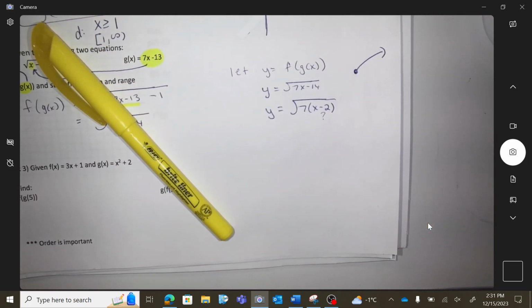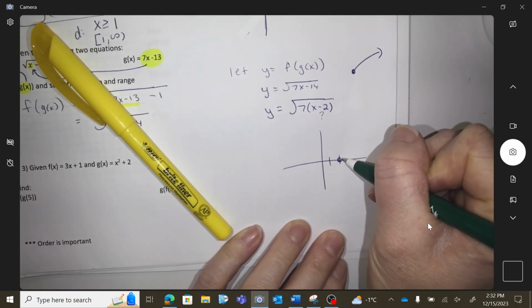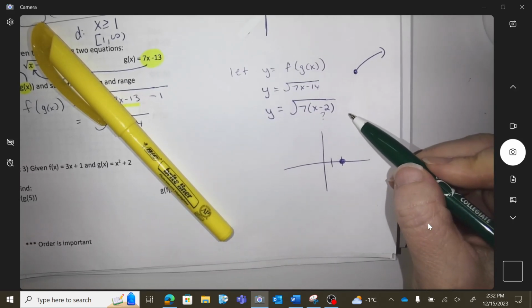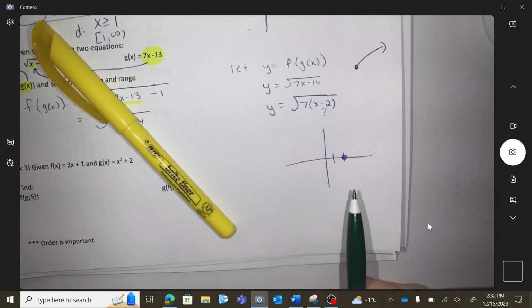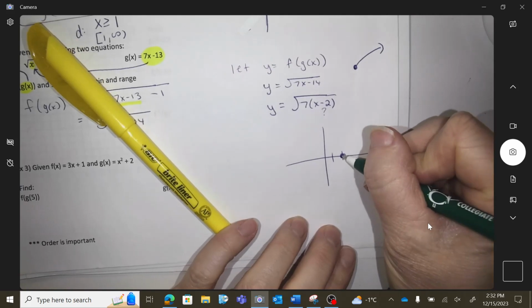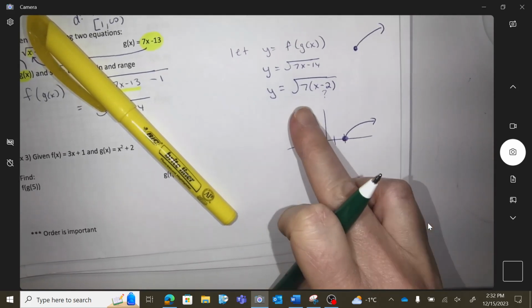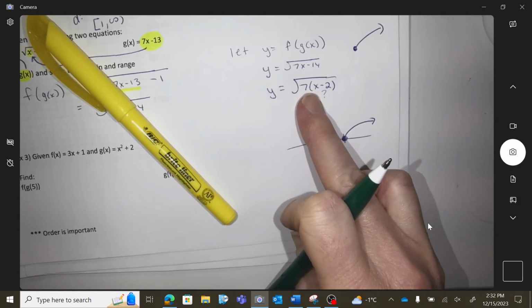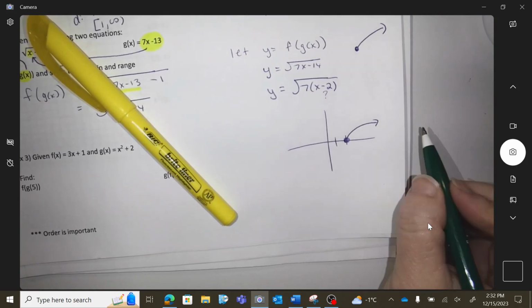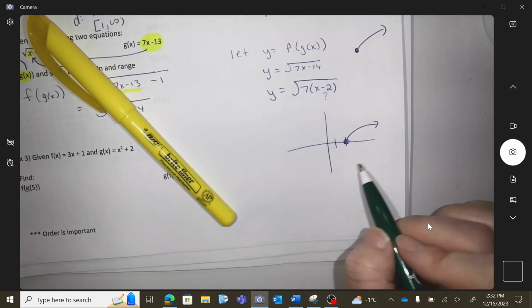Which transformation am I going to do? Which movement? I'm going to move it right 2, and you know what? It doesn't move up or down, so it's just moving right 2. Which direction does this radical go? Were there any reflections, negatives? No, so it would go that way. This would be a horizontal compression, but I actually don't really care. It doesn't change direction, so that doesn't matter. I just need to know that.